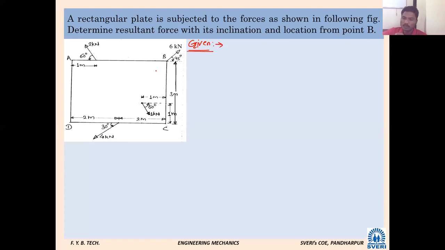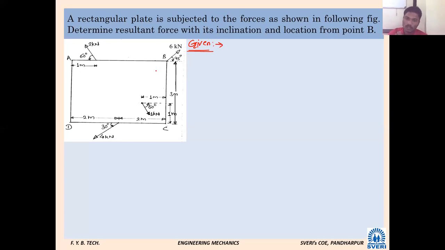No. Generally we should tell the horizontal dimension first and then the vertical dimension. It is 4 by 3. Very good. With respect to what point we want to find the resultant? Point B. Very good.